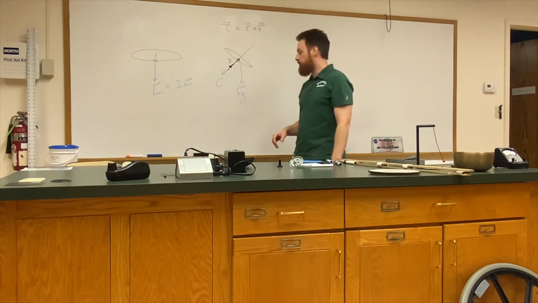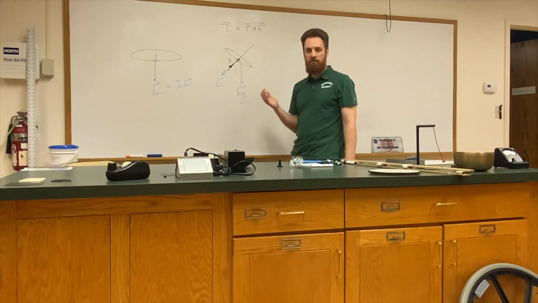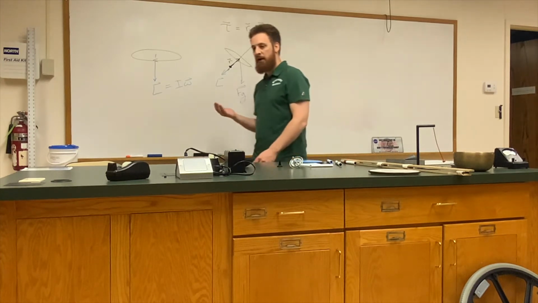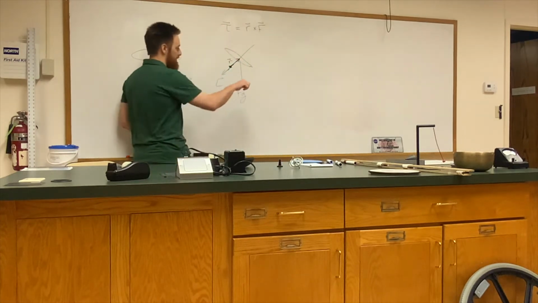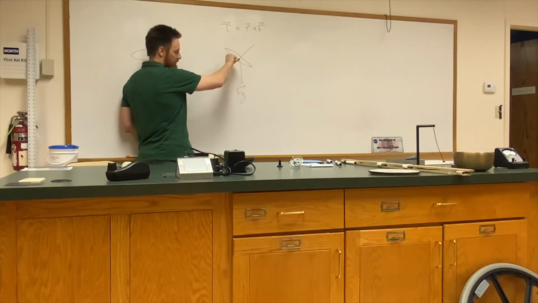So when you're trying to find the direction of the torque, you again use your right hand, and there's a couple different ways in which this is formulated. The one that I often use is that you put your hand at the location of the pivot point, where the top is about to pivot.